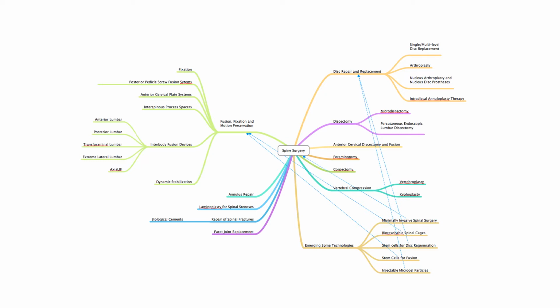There may be cements, emerging technologies, disc arthroplasty, but the mainstay of our spinal surgery are the pedicle screw and rod constructs that we use in reconstructing the spine or realigning the spine.